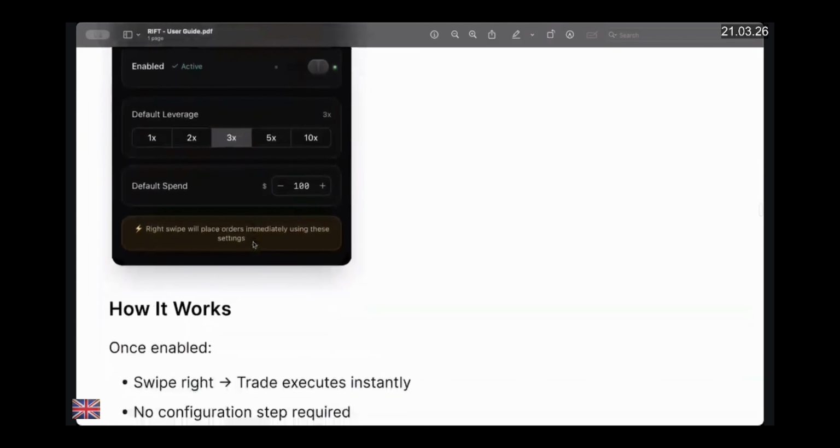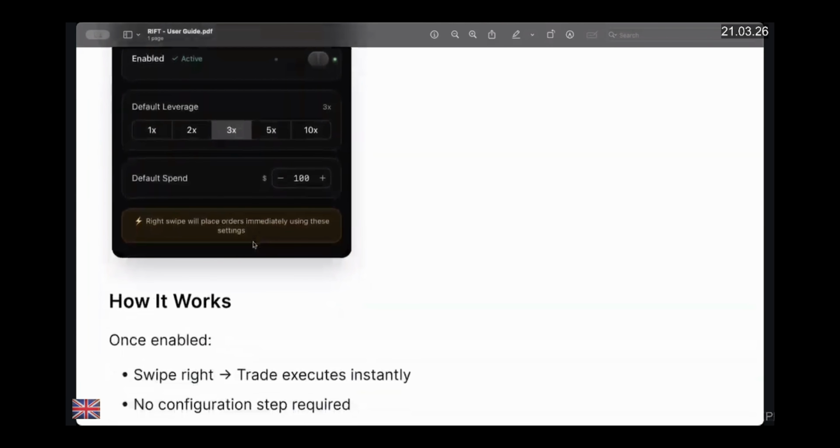Once you enable lightning mode, it becomes very convenient to place trades, and very easy to manage them in the portfolio section as well, because you have many trades executed at the same amount and the same leverage. If they are small ticket size trades with small leverage or in a less risky mode, they tend to fill very fast, and these are instant trades that will give you either profits or hit the stop loss. Both can happen. So this is the way lightning mode works.